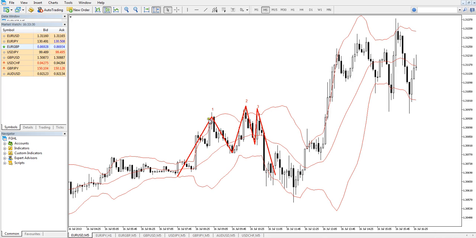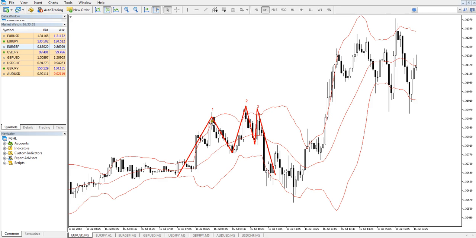The main characteristic of the head and shoulders pattern is that it comprises 3 peaks. Peak number 1 there, peak number 2, and peak number 3. Those 3 peaks include 1 head, which is in the center, and 2 shoulders, 1 on each side. The head itself has to be the highest peak, and the 2 shoulders have to be below it.